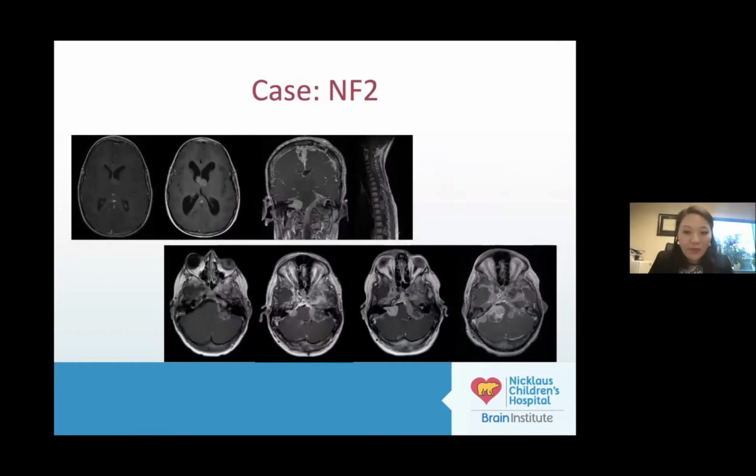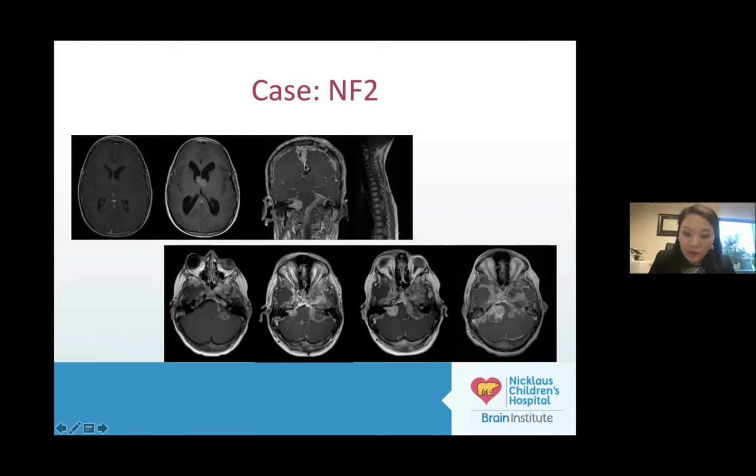This is a case of a patient who has been followed at our institution for almost 15 years. It's a child who initially presented to us as a toddler, who eventually developed, as you can see here, intraventricular tumors leading to hydrocephalus, requiring a shunt and septostomy.